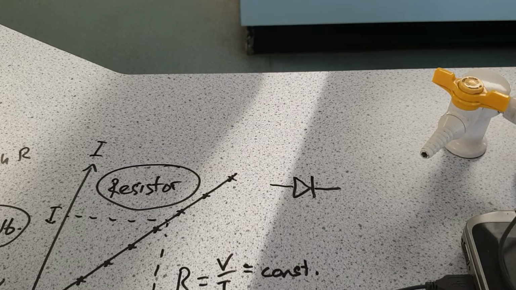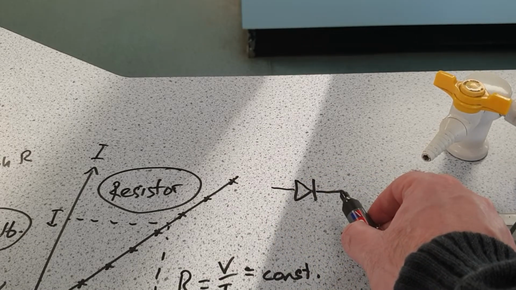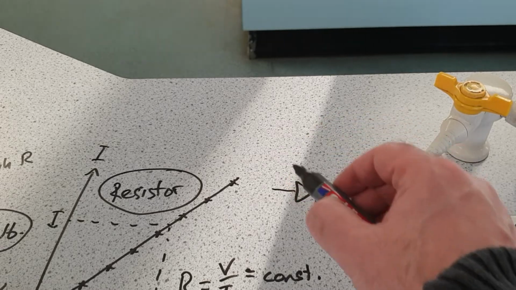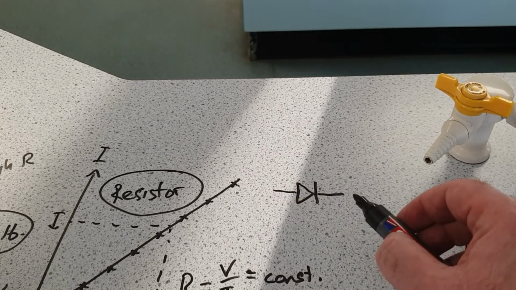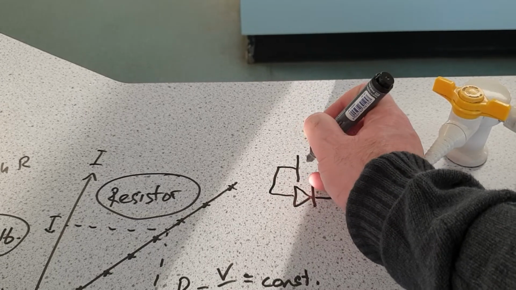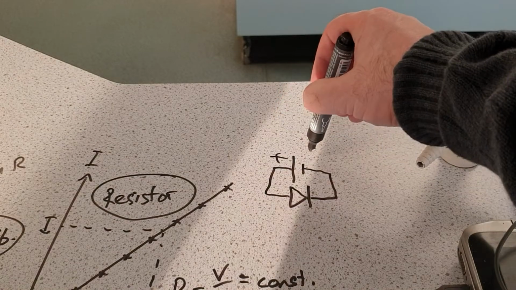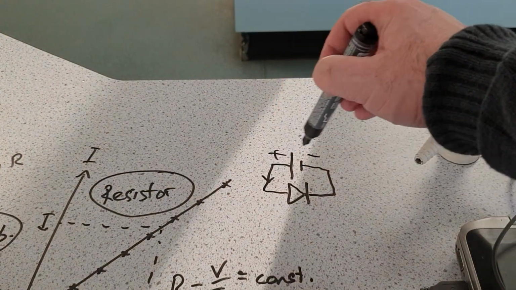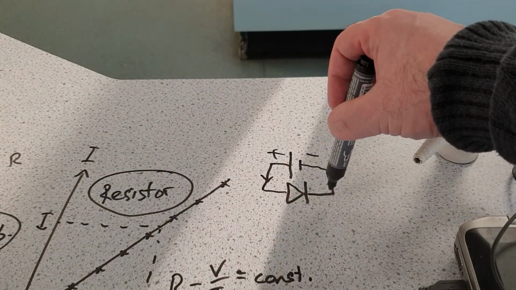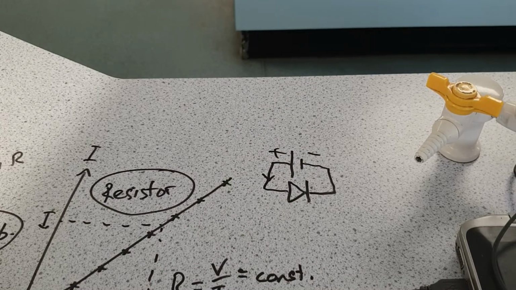The resistance drops. So it would depend for this diode which way round the cell is pushing the current. So if I put the cell that way round, that's positive, that's negative, the current would flow that way and everything would be good. The diode would be switched on.